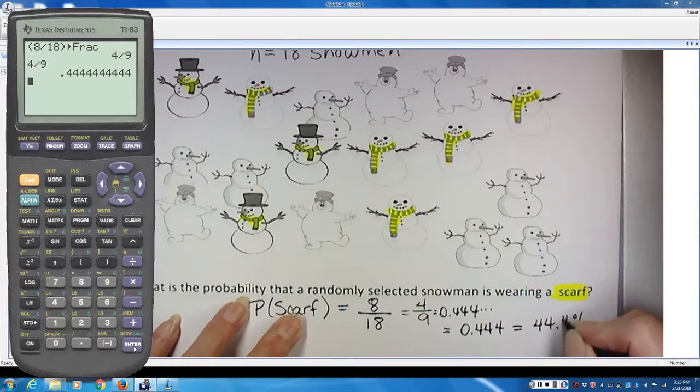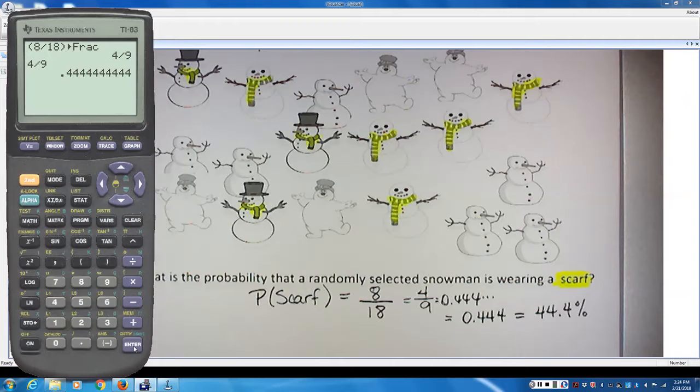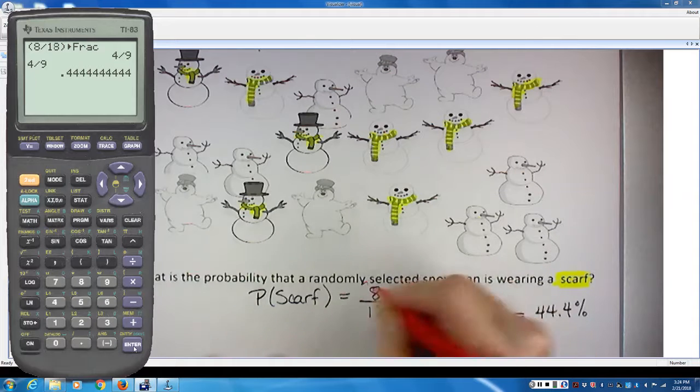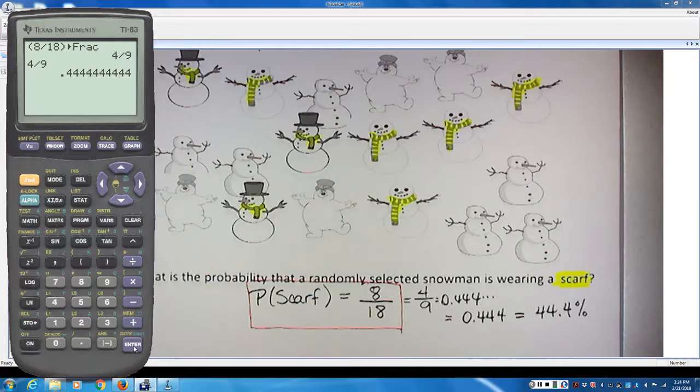It's 44.4%. So don't call that 44%. It's 44.4%. Okay? Now, all of those are correct. Every one of those is correct. But remember, regardless of whatever the rest of this is, I want to see this, because that's what tells me you knew how to do the problem. Okay? Any questions?